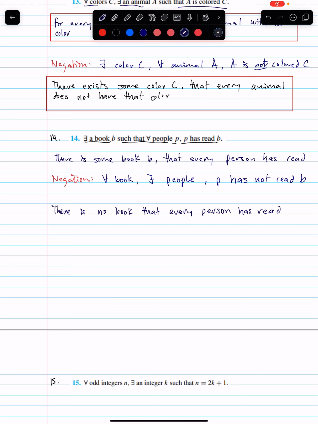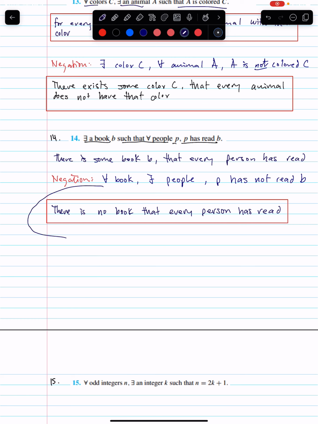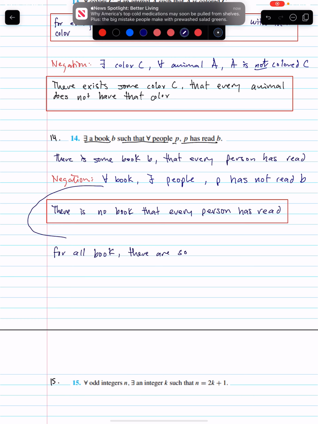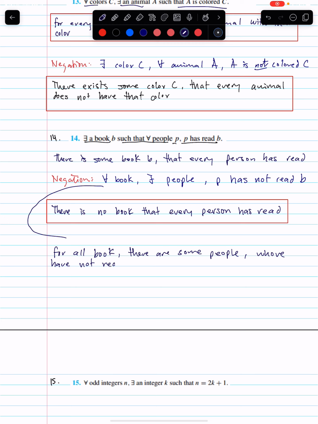You could just say it like this, or if you wanted to, I guess you could say what this really means: for all books there are some people who have not read all books.